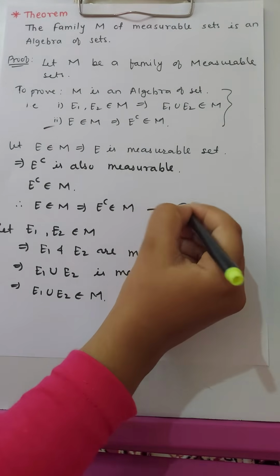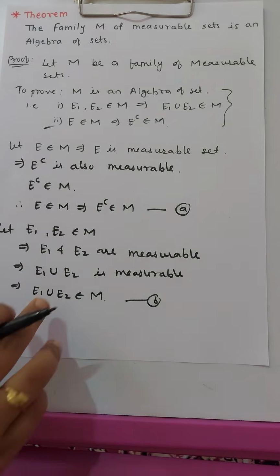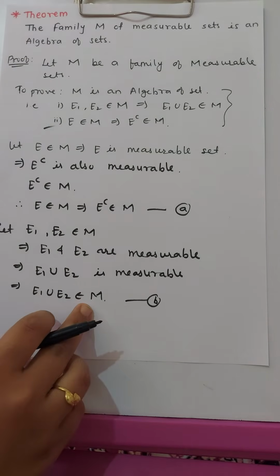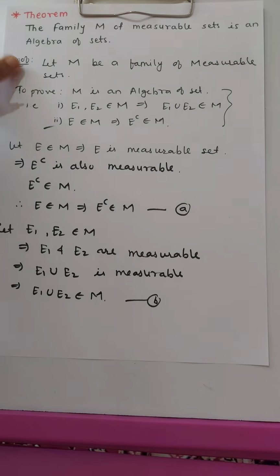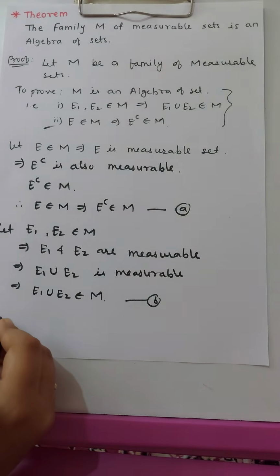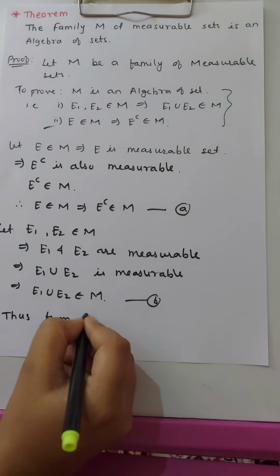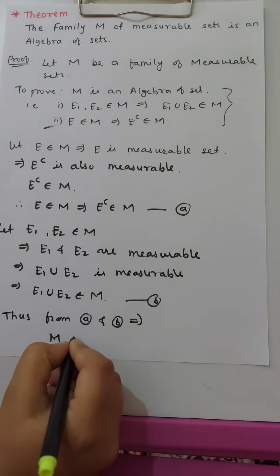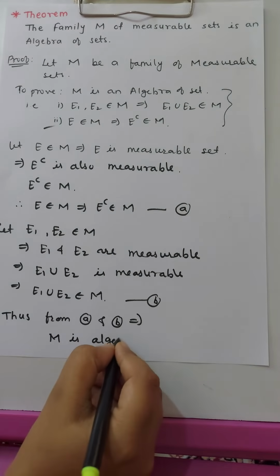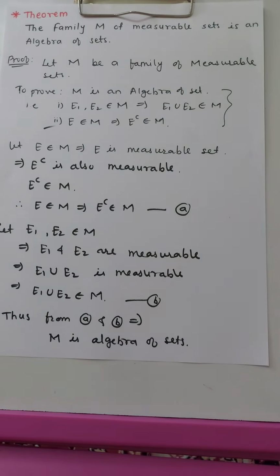Let this be A and this be B. So for E1, E2 belongs to M, we have proved that E1 union E2 also belongs to M. And from A and B, we can say that this family of measurable sets is an algebra of sets. So from A and B, M is an algebra of sets, and hence this theorem is proved.